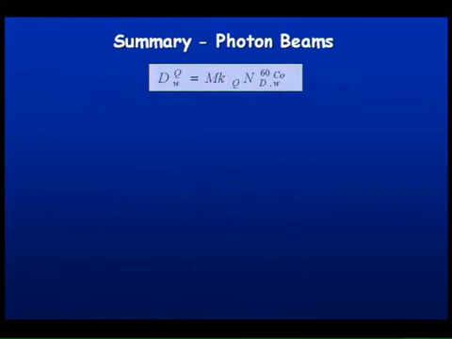So I'll show 2 slides summarizing all the different steps that are needed to calibrate photon and electron beams. I'll start with a summary that will set the ground for talking about the details of what is included in the protocol. For photon beams, that's the equation that's given in the protocol.